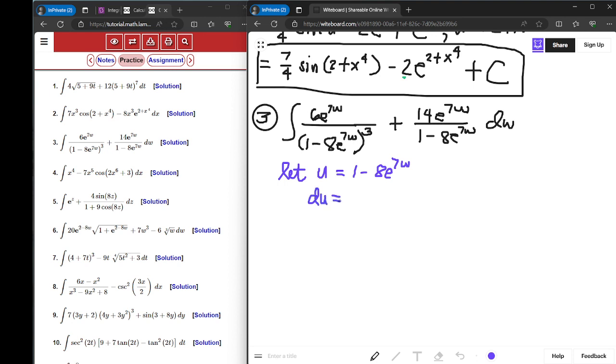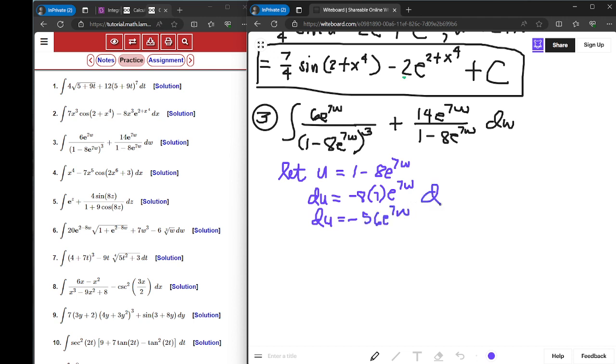If we get the derivative, it will be negative 8 times 7, then that will be e to the 7w, which means 8 times 7 is 56. So du is equal to negative 56 e to the 7w.